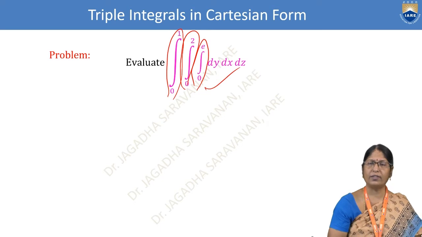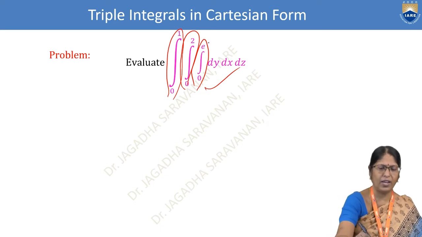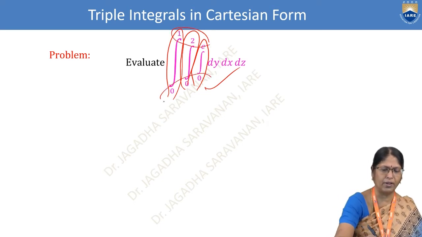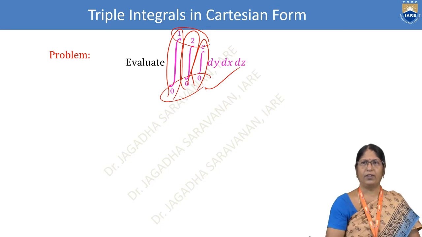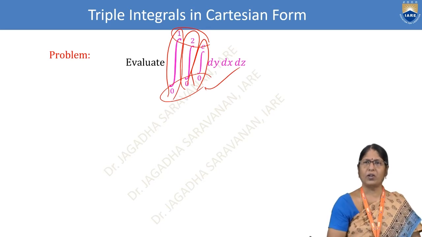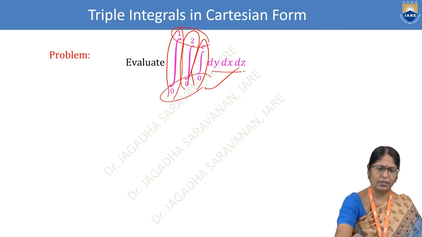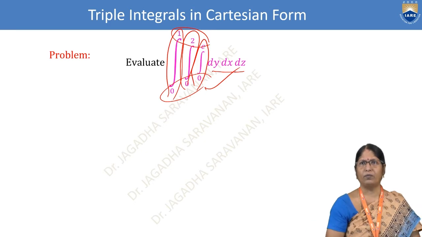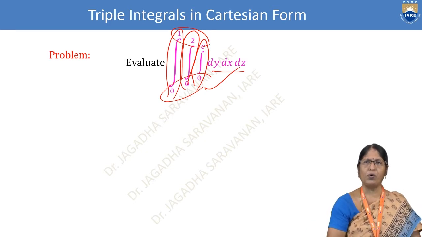All are 6 limits, 3 upper limits, 3 lower limits. The 6 limits are constants. If they are constants, which one to be done with respect to x, or y, or z? Anything we can do.